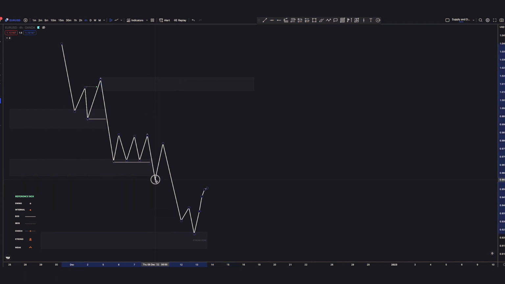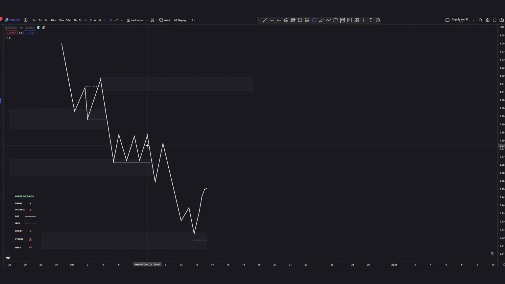Even if it was just a pip below, I would already see this as a failure. So I would ignore this zone. This is not a zone I want to be looking at for longs anymore. Again, we had this reaction, then the break.